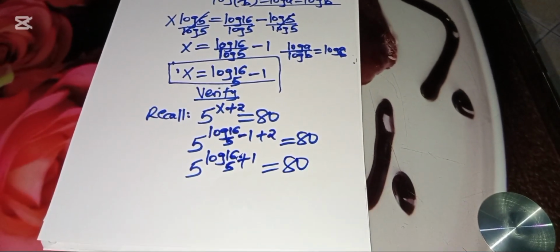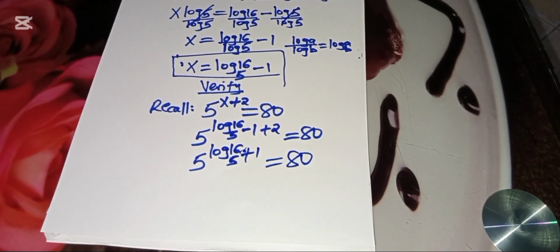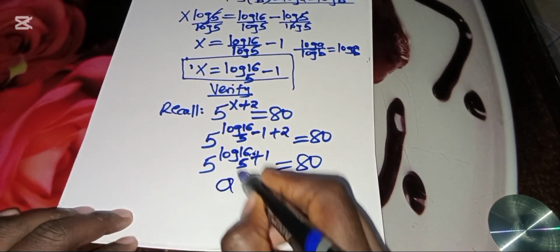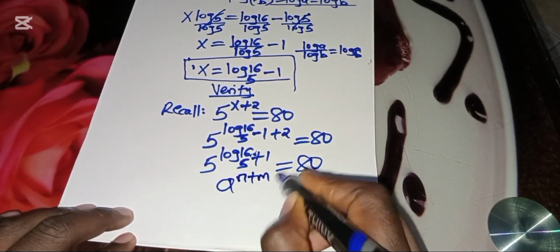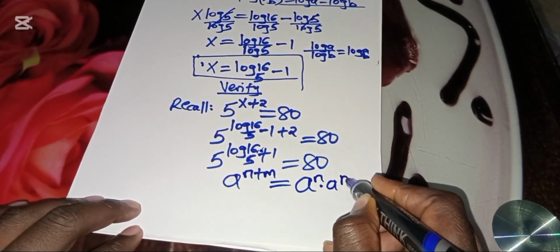Okay, now as you can see, 5 raised to power log 16 to base 5 plus 1 is in the form of a raised to power n plus m, which you can express as a raised to power n multiplying by a raised to power m.